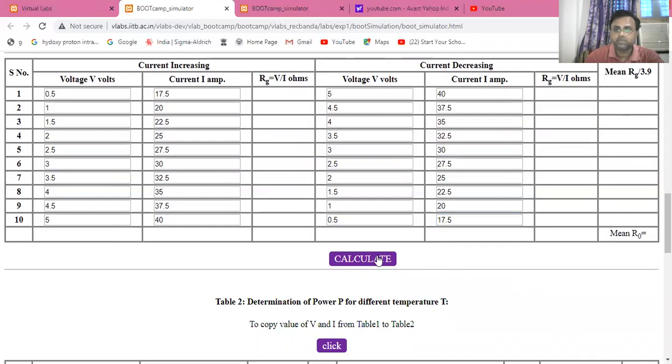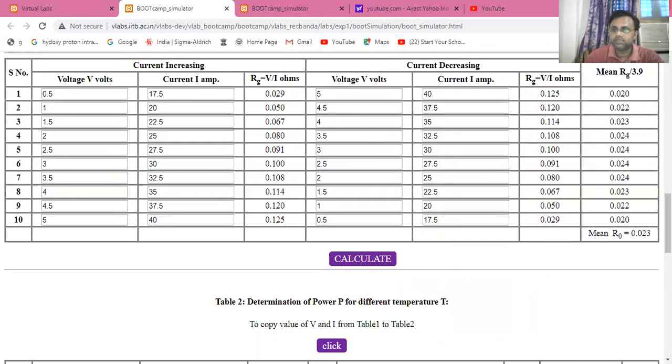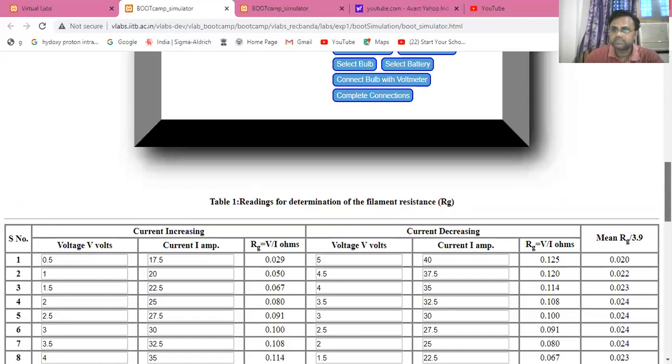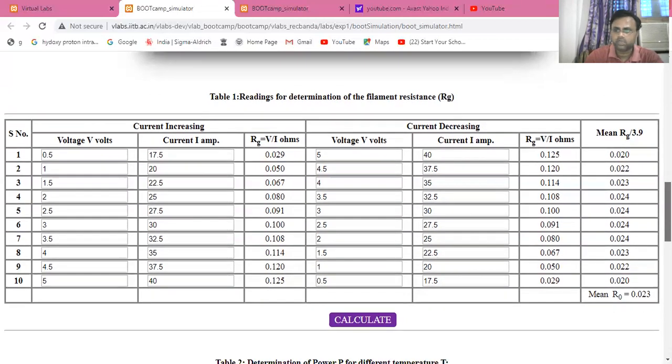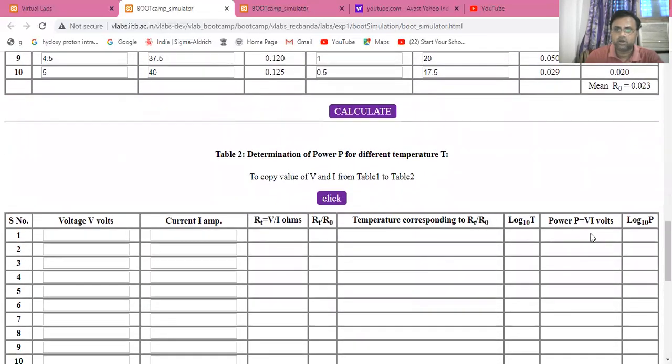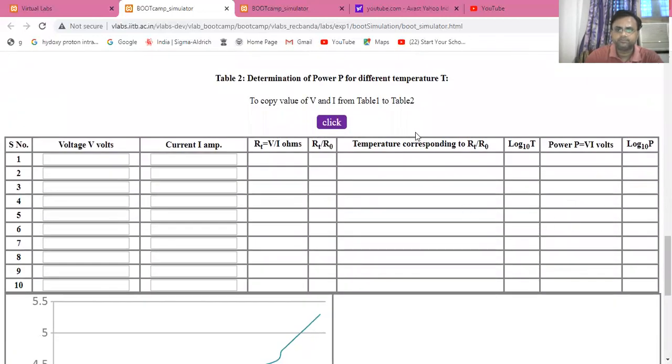Now we click on calculate. It calculates R, resistance V upon I, and the mean of R. Now we have to do another calculation, corresponding to temperatures, RT upon R naught.